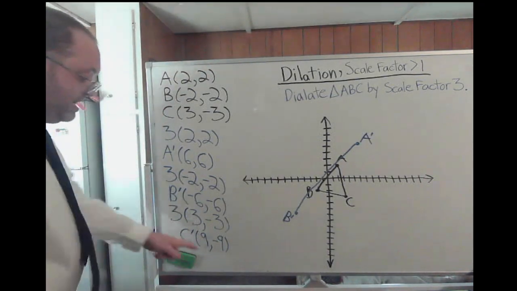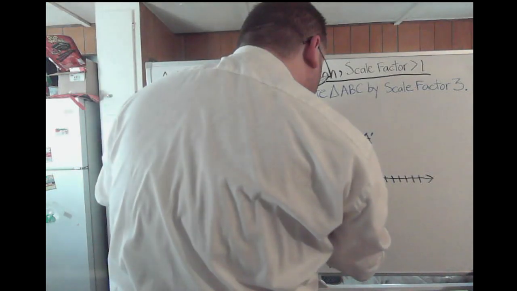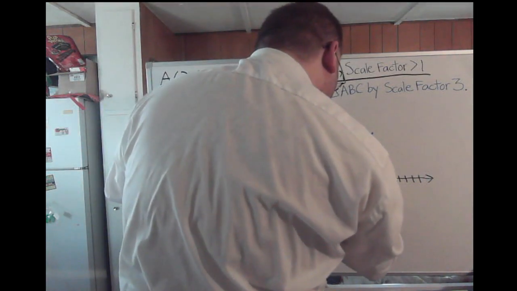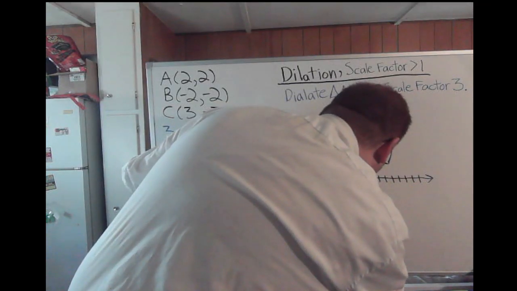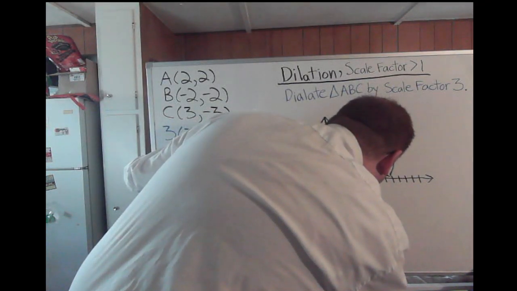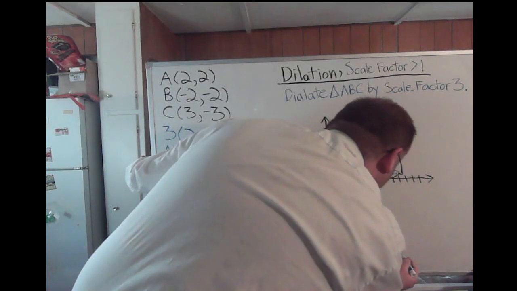So C prime is 9, negative 9. 3, 4, 5, 6, 7, 8, 9. Right about there. That would be C prime.